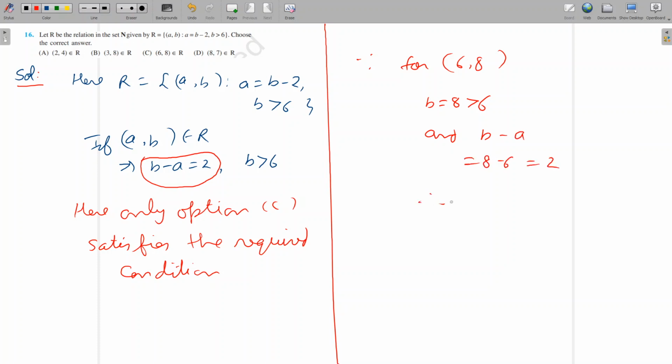Therefore the ordered pair (6, 8) belongs to R. Therefore the correct option is option number C. So this is the answer of the 16th one.